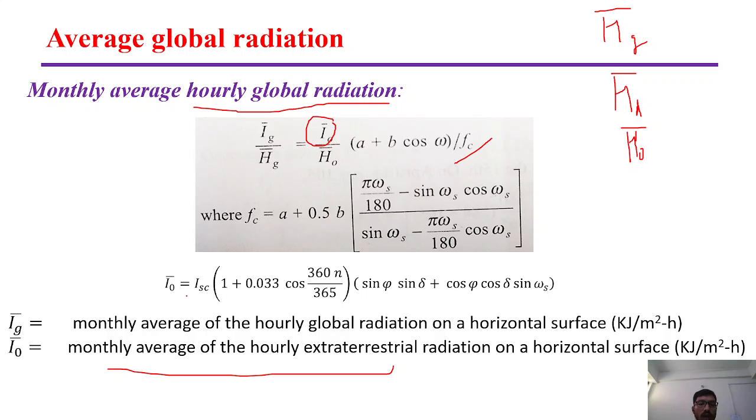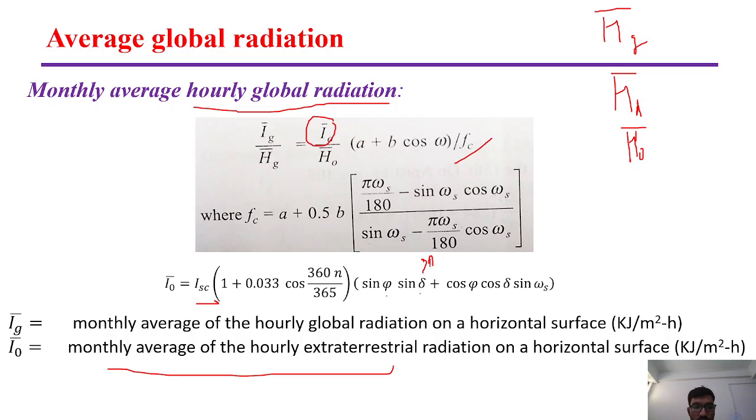So that can be calculated based on the correlation with the solar constant. Again we need sine phi. Phi is the latitude, which is given, delta the declination angle is given. So we should know only the n.